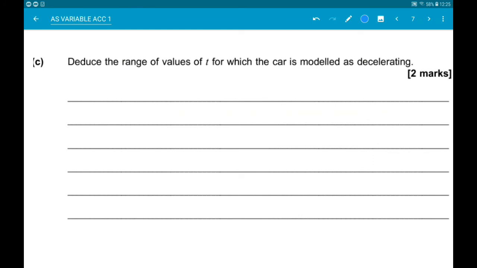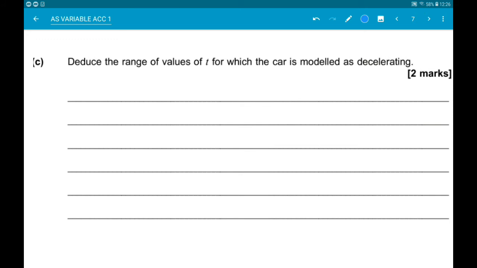And part C wants us to deduce the range of values of t for which the car is modelled as decelerating. Okay, so the model itself is only for t greater than or equal to 0, less than or equal to 15 seconds. We've just found that the car accelerates up to its maximum speed, which it achieves at 13.3 seconds.